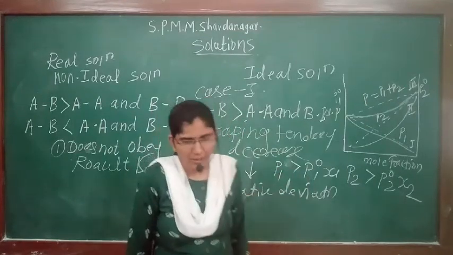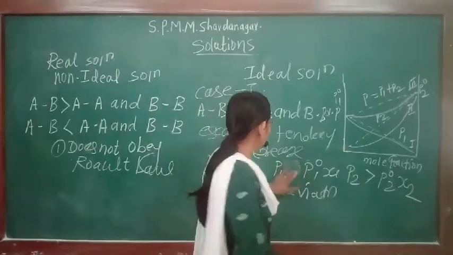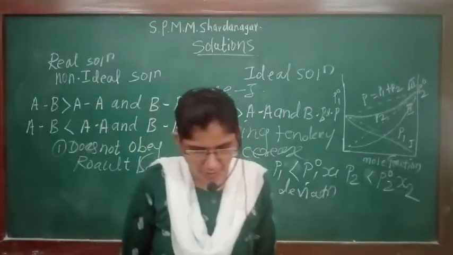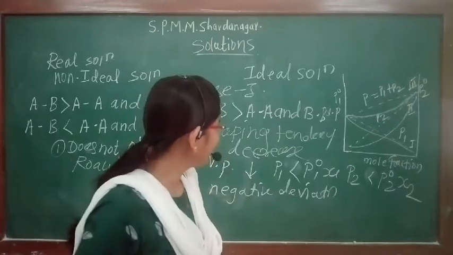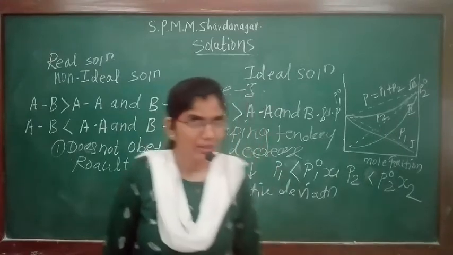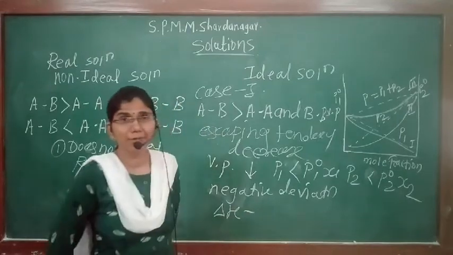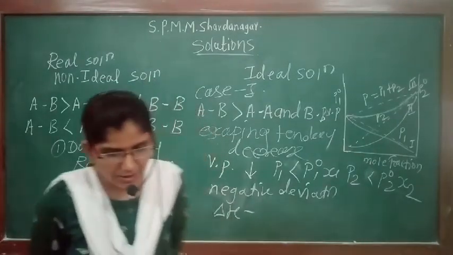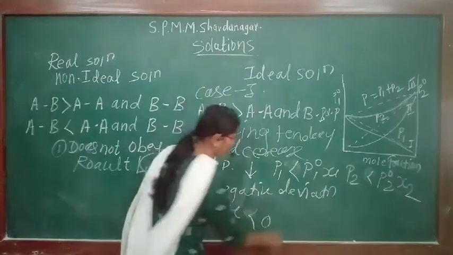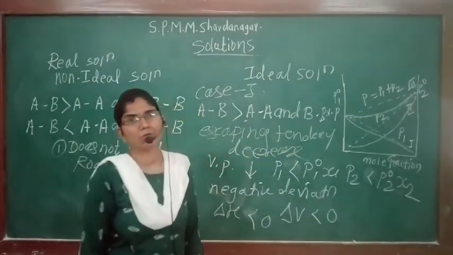For the negative deviation, P1 is less than P01 x1 and also P2 is less than P02 x2, and therefore the change in enthalpy is less than 0, and therefore the change in volume is also less than 0.